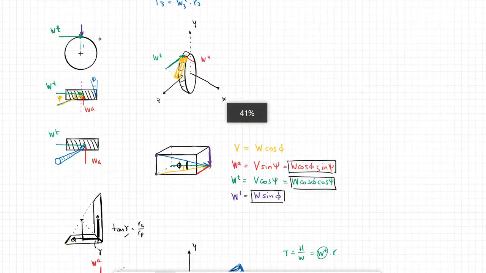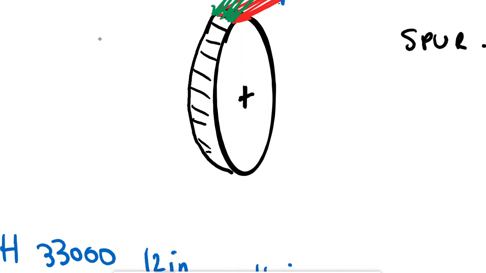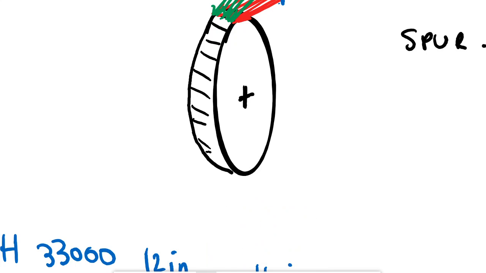I need the simpler one. I have a red vector that is actually a distributed load, so it's a plane and it has to be tangential. Okay, so for spur gears this was pretty simple. Let me draw that. Okay, because the vector is not rotated, like it's not at an angle.